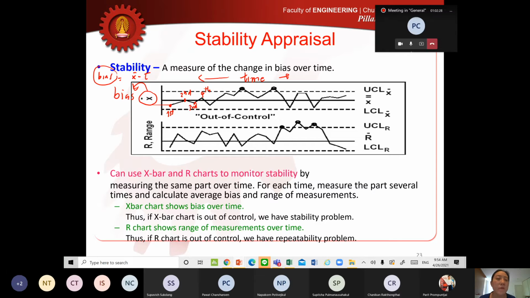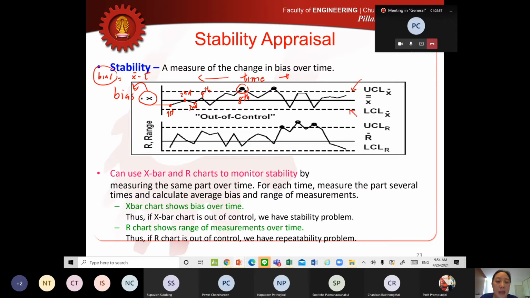And then if you have a lot of data points, you can construct the control limits. You can use these control limits to judge whether the amount of bias over time is abnormal or not. Like in the 8th week, the amount of bias is greater than the upper control limit.